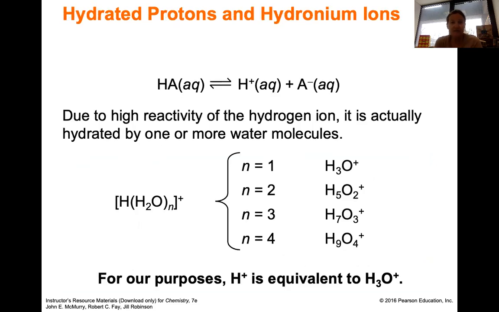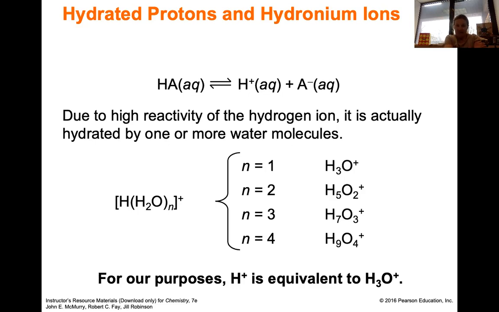So this just shows you that in Chem 107, we often just represented an acid as producing H plus, the Arrhenius definition. But when H plus is in water, it wouldn't stay all by itself. If you think about what H plus is, it's simply a proton. It's a very positively charged particle, and would like to be surrounded by negatively charged particles. So it's going to be hydrated by water molecules.